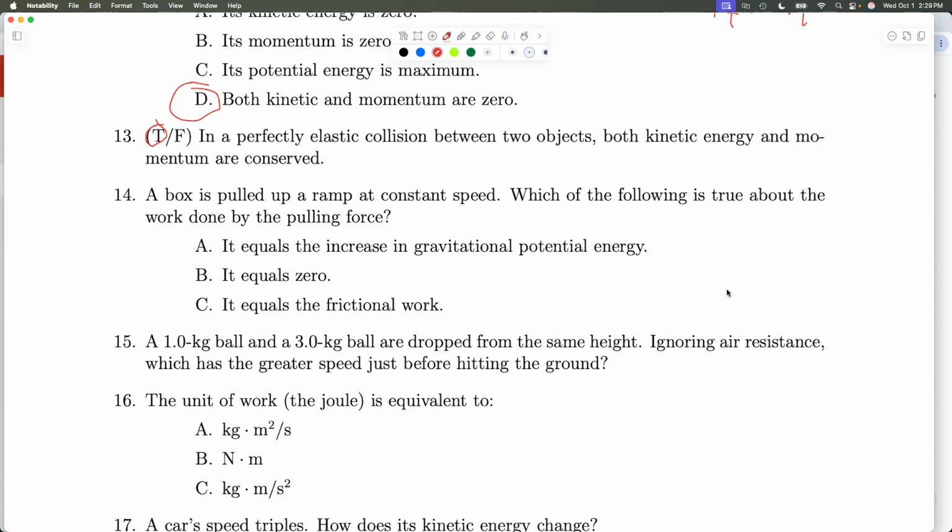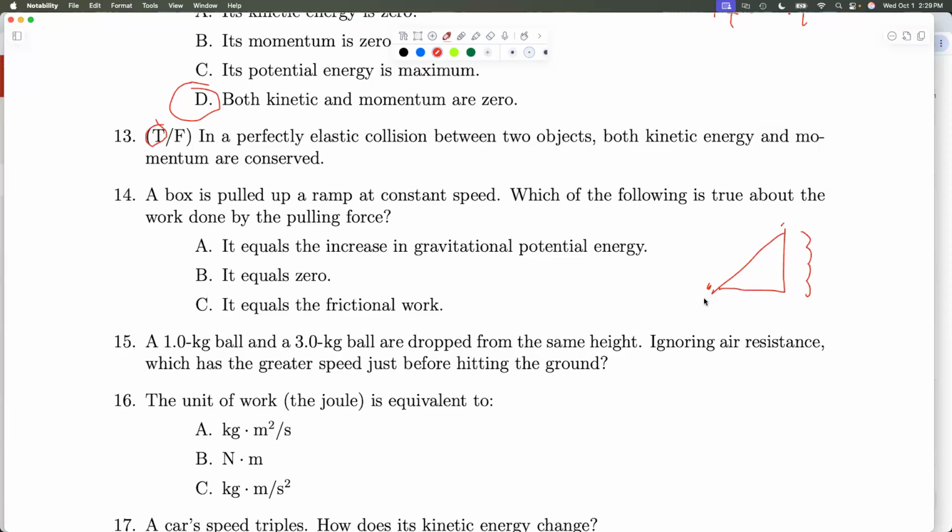If I'm going up an incline here, so if I'm going from here to here, the work I have to put in is the same amount of work as just lifting the thing up if there's no friction.